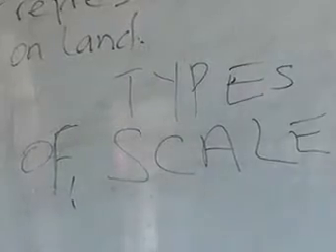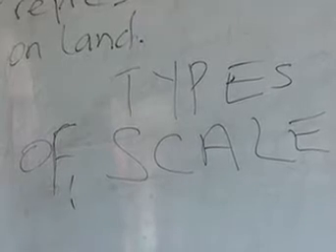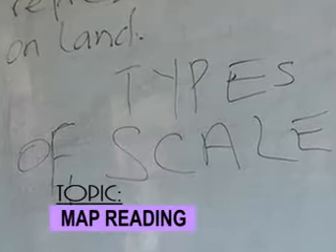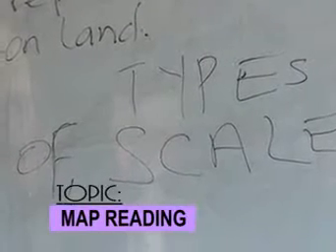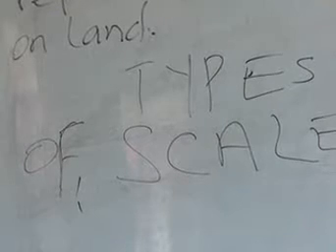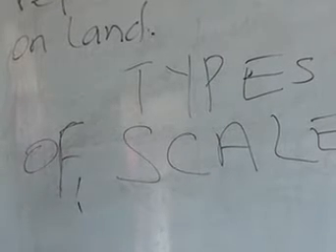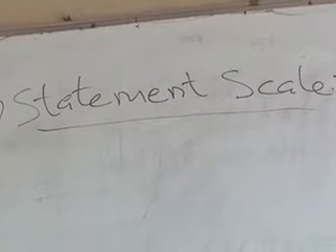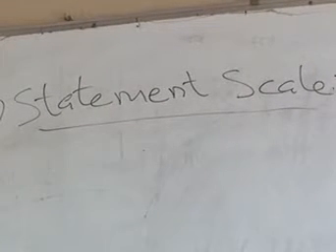Types of scale. We have 3 types of scale. We have statement scale, representative fraction scale or ratio scale, and linear scale. Statement scale is a verbal expression of a scale.